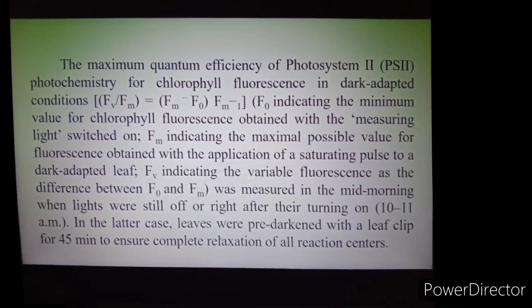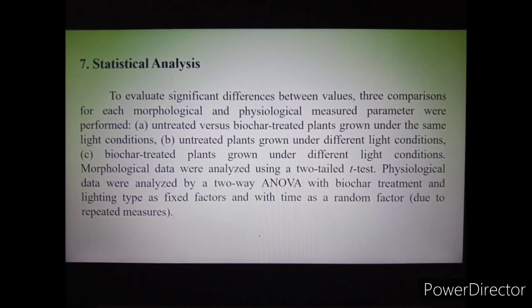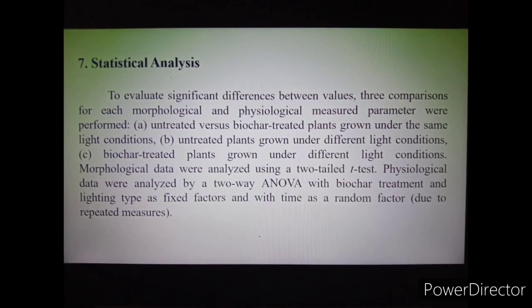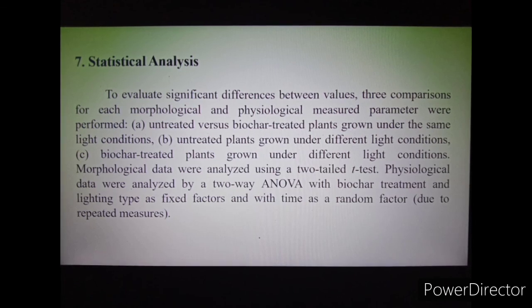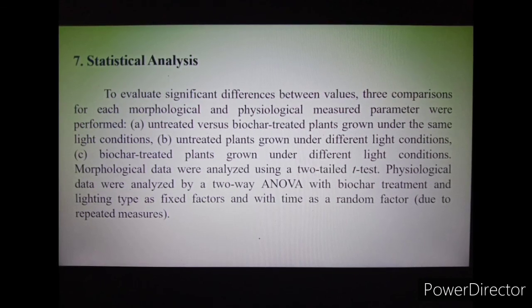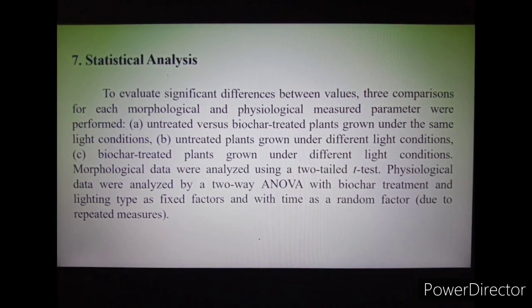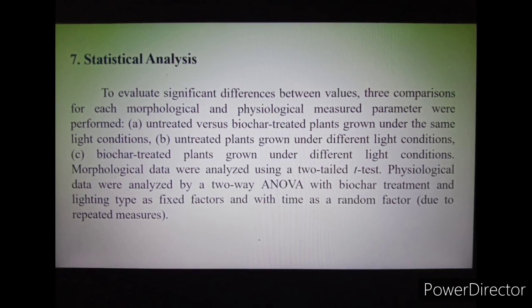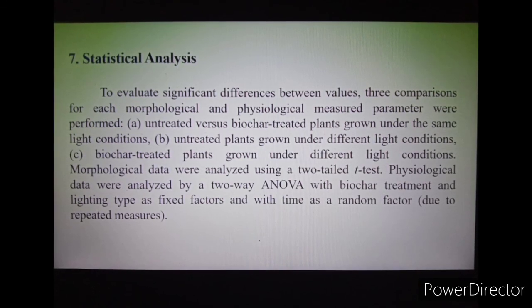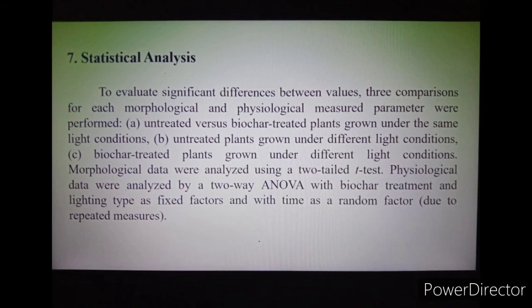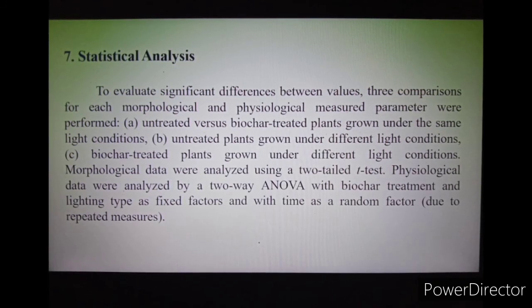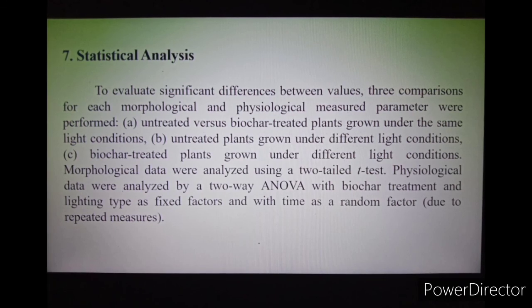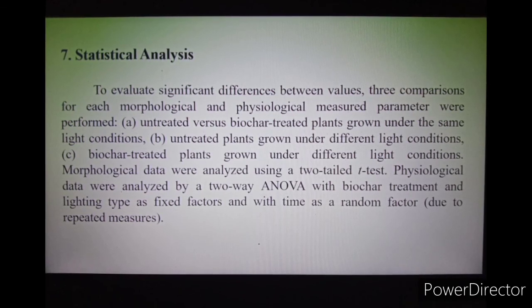For the statistical analysis, to evaluate significant differences between values, 3 comparisons for each morphological and physiological measured parameter were performed. First is the untreated versus biochar-treated plants grown under the same light condition. The second one is untreated plants grown under different light conditions.